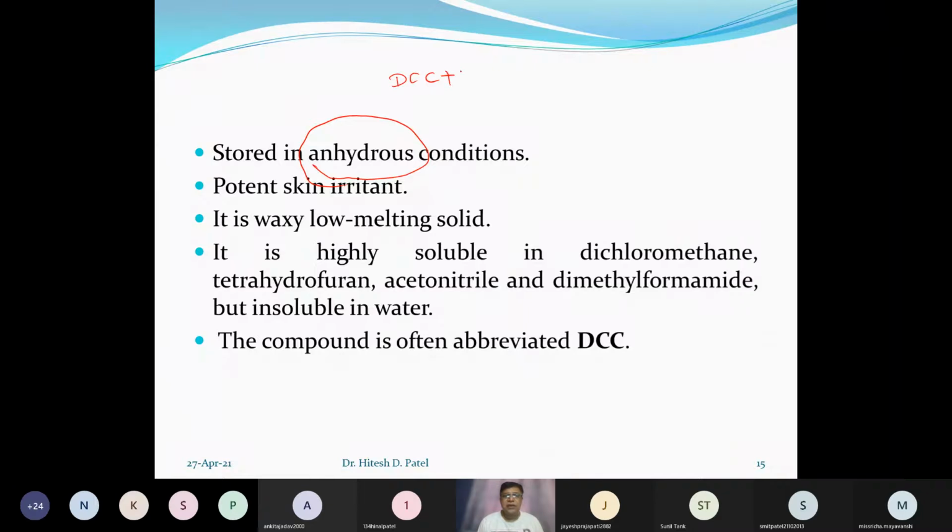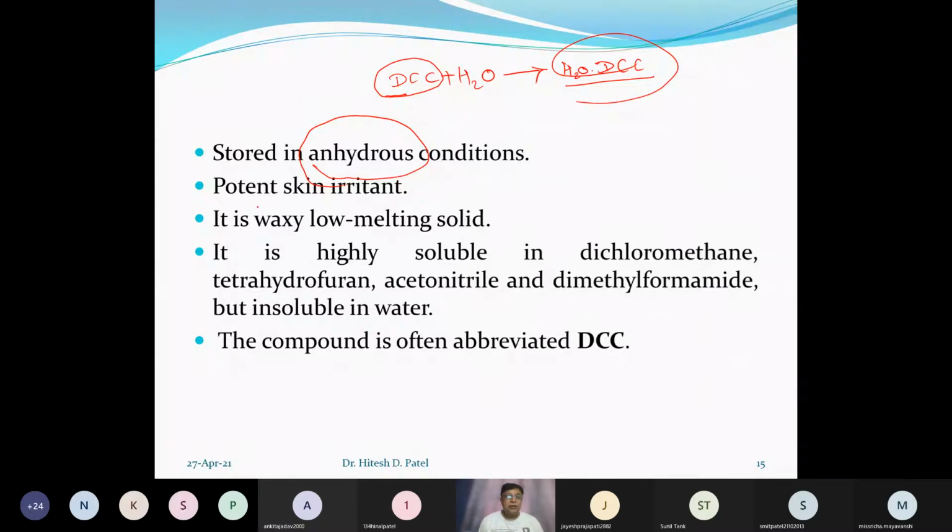DCC will react with water and convert into hydrated DCC, meaning H2O DCC will form. How it forms we will discuss later on. Once this hydrated DCC is formed, we lose the characteristic of this DCC. So to avoid such issues, we have to store it under anhydrous condition.